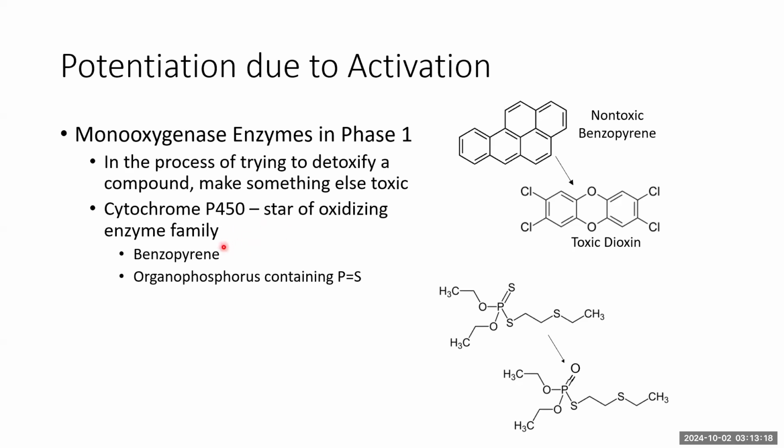So these enzymes are monooxygenases. They do a lot of this stuff, like turning benzopyrene into dioxin. And one place where they particularly shine is in organophosphorus insecticides. They're really good at finding these phosphorus double bonded to sulfur groups. So here, for example, in this organophosphorus compound, they're going to look for that, and they're going to turn it into a phosphorus double bonded to an oxygen.